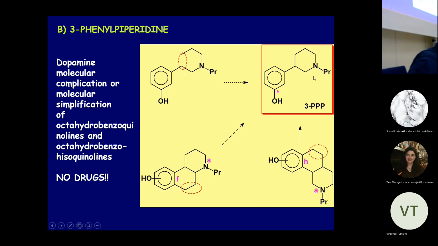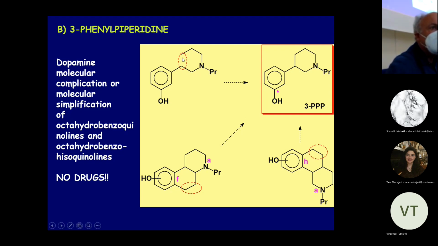3-phenylpiperidine. At that time, they found some interesting compounds in this class, but no drugs. And so in this class, we cannot find any drugs as direct agonists.